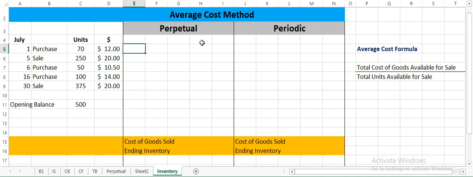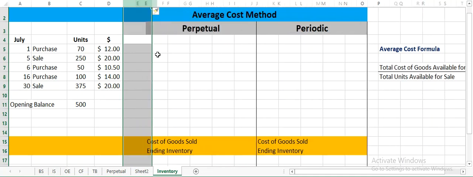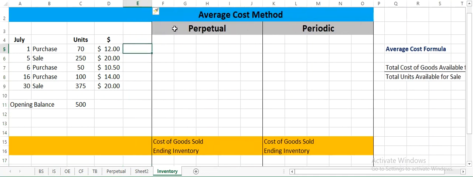First, we need to know the cost of goods available for sale and the total units available for sale. That means after every transaction, we need to know the cost of the units available for sale and the total units available. Let me add a column here, because we need to know the value of these transactions.